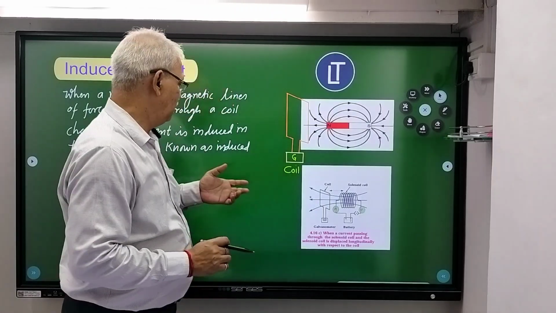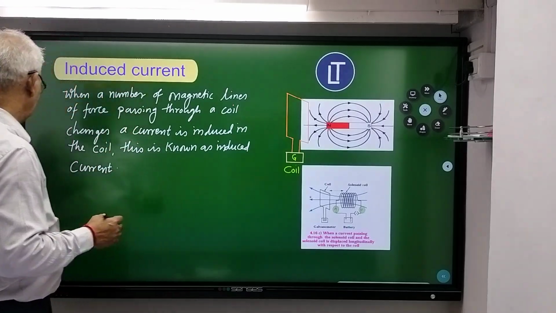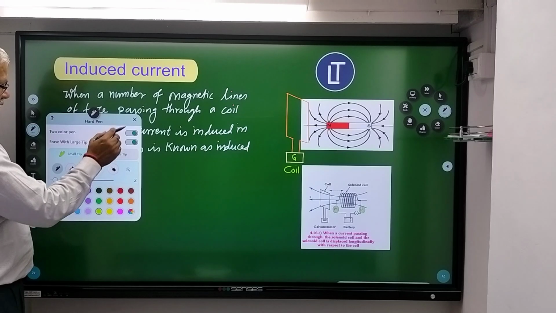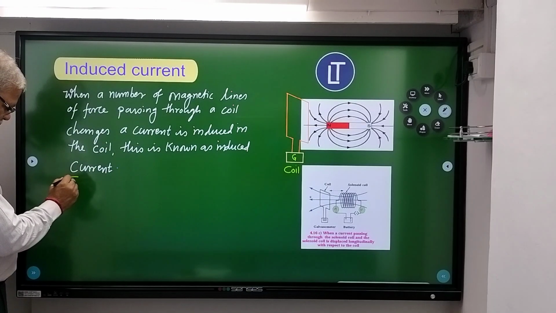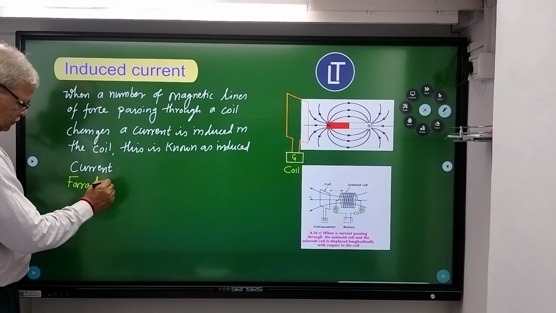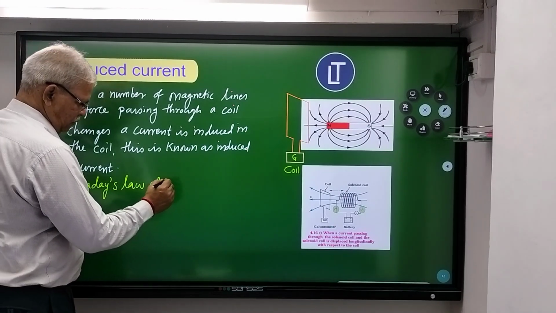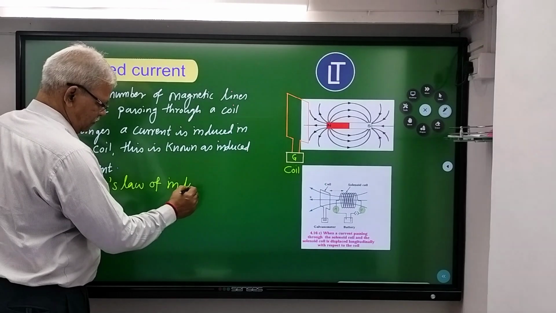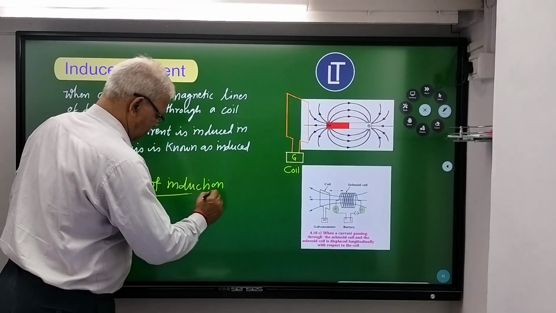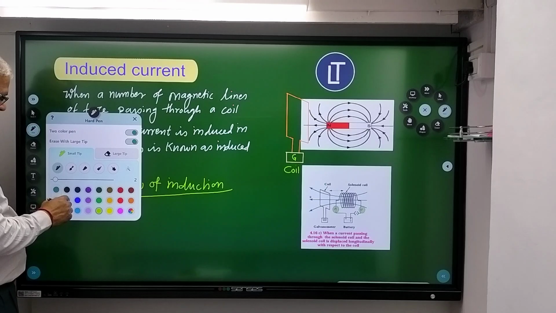Okay. Now I am going to write one more definition similar to it, that is the Faraday's law of induction. See here, what is Faraday's law of induction? The same definition.